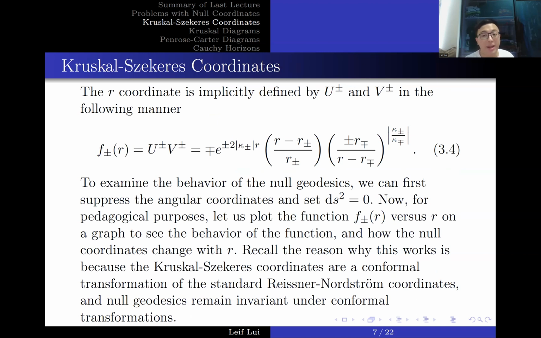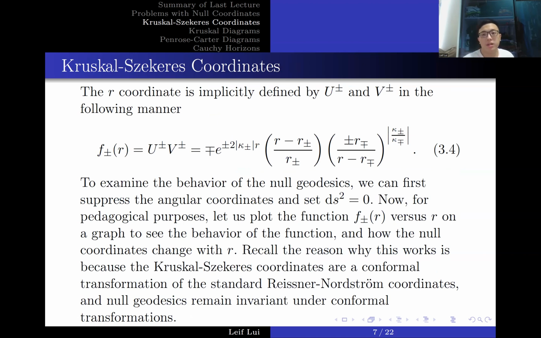And for pedagogical purposes, let us plot the function f plus or minus versus r on a graph. The lesson here is to understand the behavior of this function and see how the null geodesics change with r. Now recall, the reason why this works is because Kruskal-Szekeres coordinates are conformal transformations of the standard Reissner-Nordström coordinates, and null geodesics remain invariant under coordinate transformation.